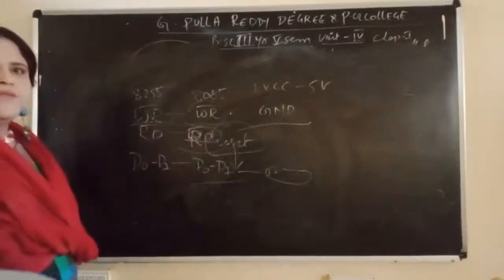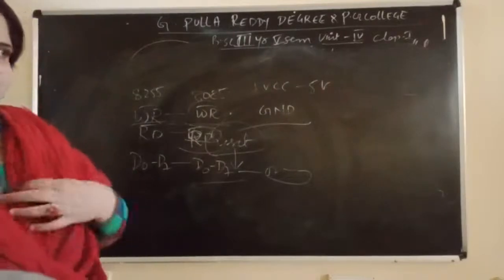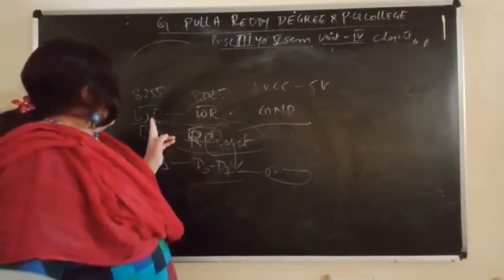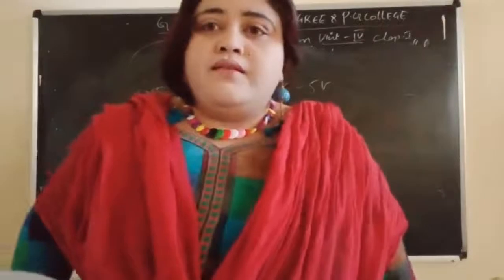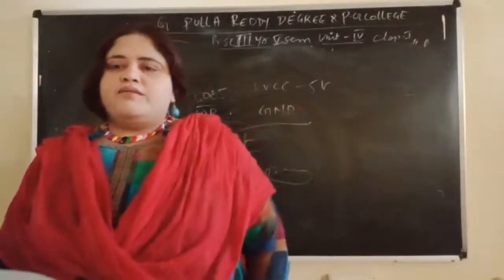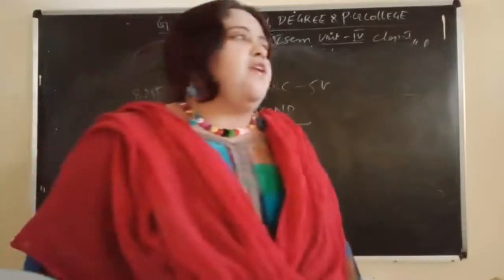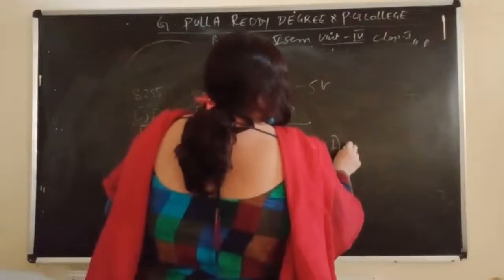Okay, then next. We have gone through WR bar, RD bar, D0 to D7. Now we are going to study the next pins. What are the next pins? A0, A1.